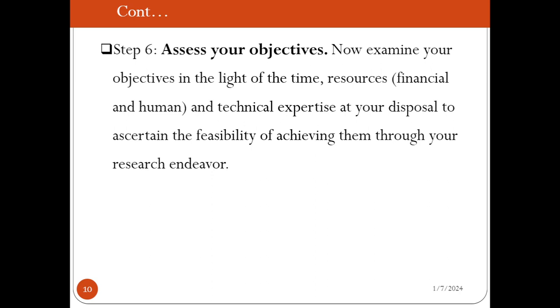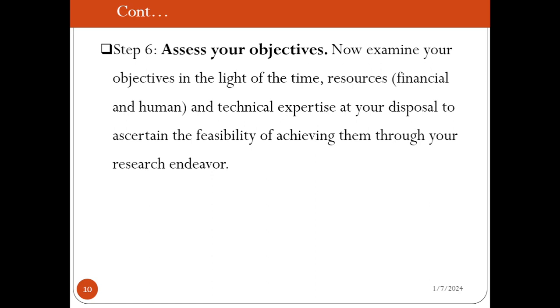Right. You have set particular objectives. Now, look at your financial resources and look at your time and look at, for example, your technical knowledge. Okay, this objective, is it really possible to provide the money which is to be spent, or the amount of time that you have?